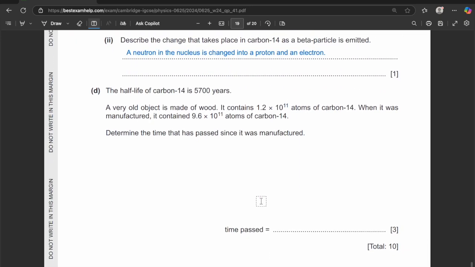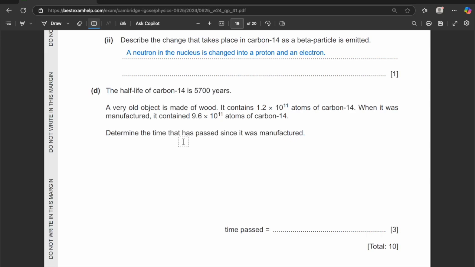The half-life of carbon-14 is 5,700 years. A very old object is made of wood. It contains 1.2 into 10 power 11 atoms of carbon-14. When it was manufactured, it contained 9.6 into 10 power 11 atoms of carbon-14. Determine the time that has passed since it was manufactured. To calculate the time, you need to know the number of half-lives.